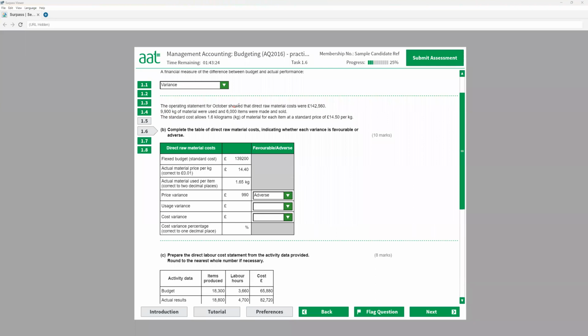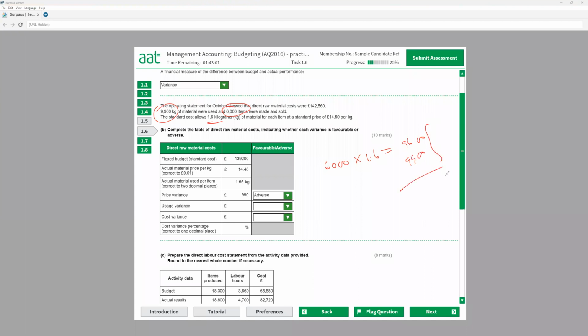So 6,000 items, 6,000 kilo, and each item should take 1.6. So 6,000 times 1.6. It should use 9,600 kilo, but I have used 9,900 kilo.